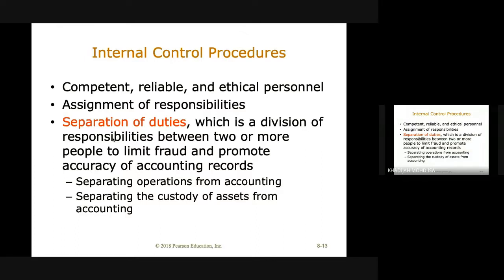Separate operations from accounting and separate the custody of assets from accounting. So the one who records the cash must not be the same person who actually holds the cash, right? Custody of assets. If the same person says, I have the money, I'll also do the recording, the possibility of fraud happening is very likely. So that's why you need a separation of duties.